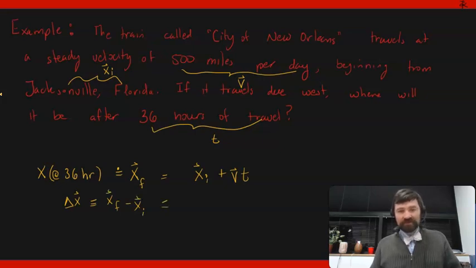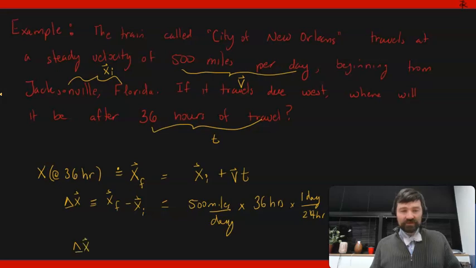And that is going to be this velocity, 500 miles per day, times the amount of time, which was 36 hours. We need to convert that into days, so one day is 24 hours. So by the time you've multiplied all these together, you get a delta x of 750 miles to the west.